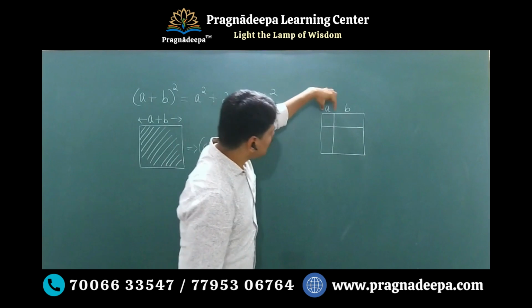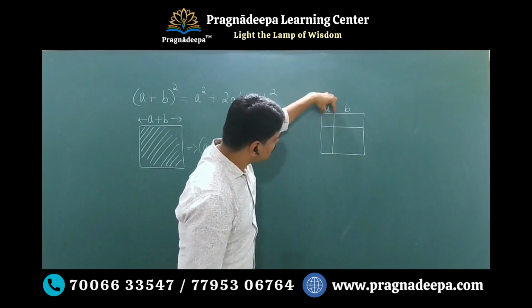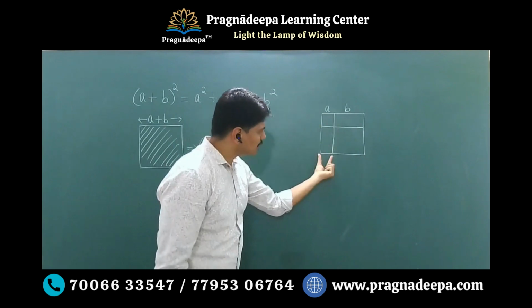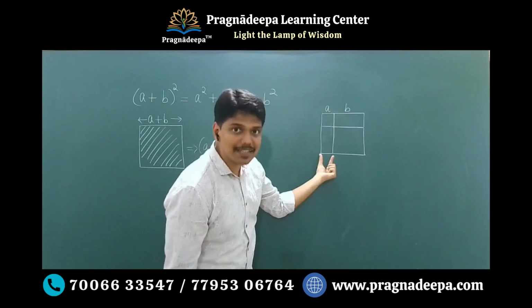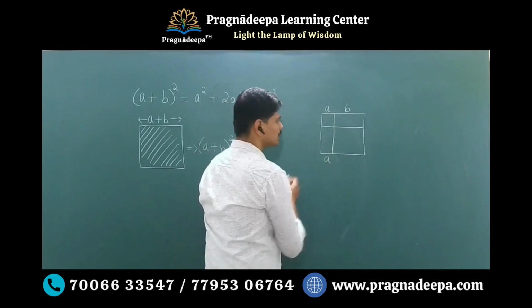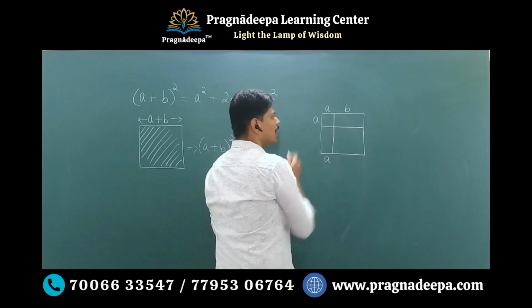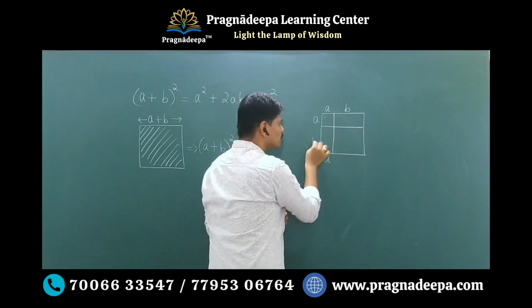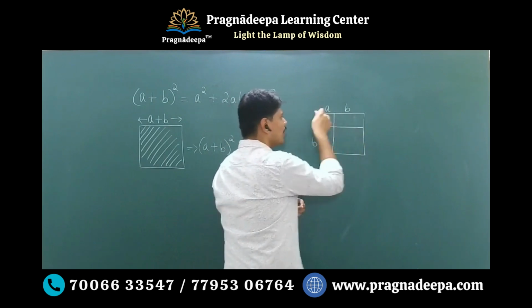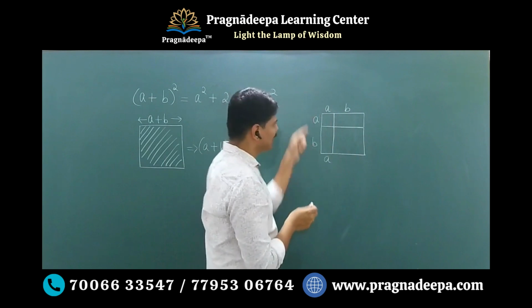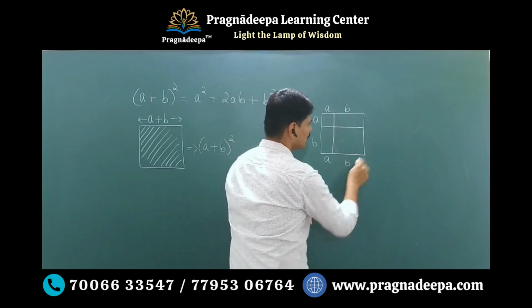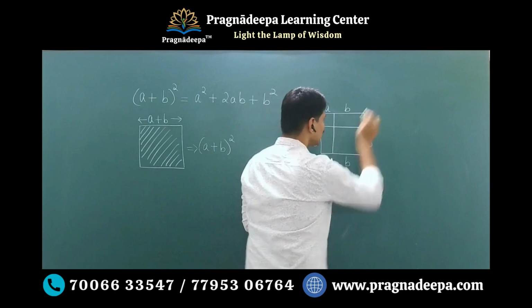Now students, observe that if this length is a units, then since this line is parallel to that, this length is also a units, and this will also be a, and this will be b, because the total length is a + b on each side. So here also it will be b, here also b, and here also a.